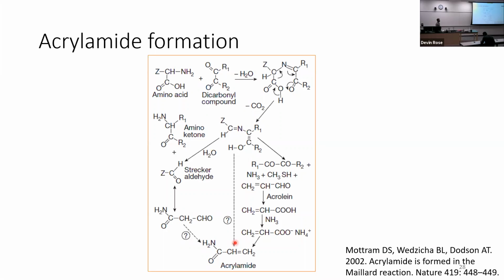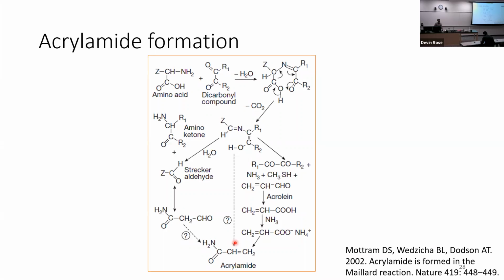So one would be potatoes. Potatoes have a lot of free asparagine. And there are many ways that we cook potatoes that result in non-enzymatic browning. So for instance, potato chips or French fries. And so when these products are consumed, there would be a significant quantity of acrylamide.